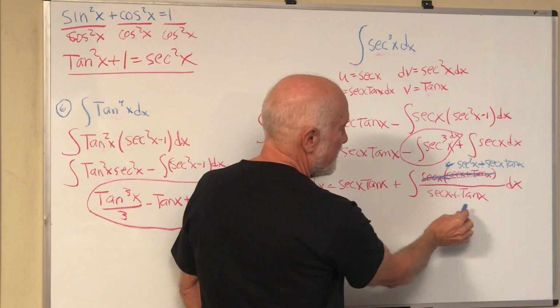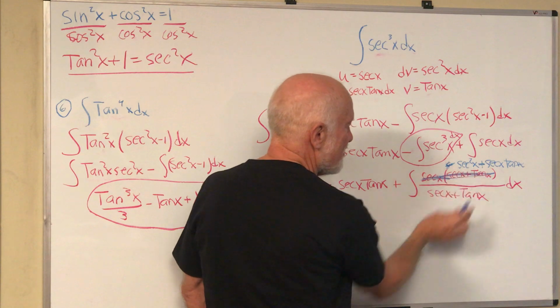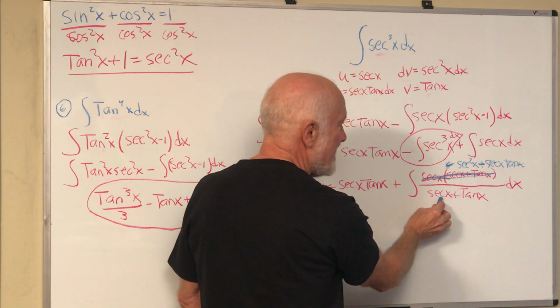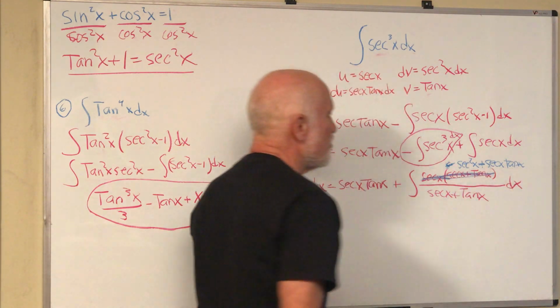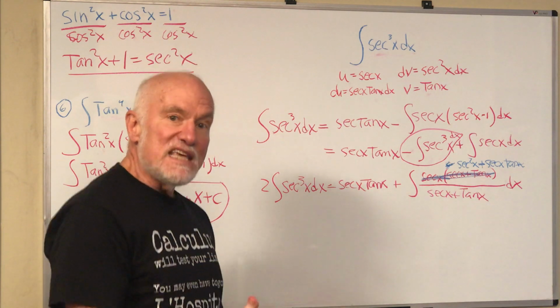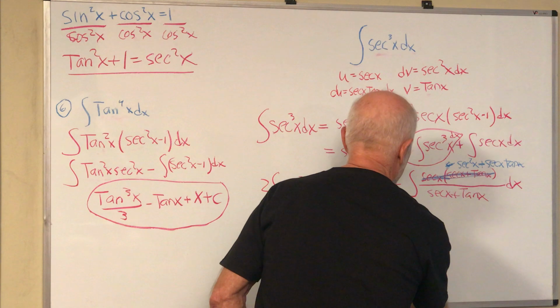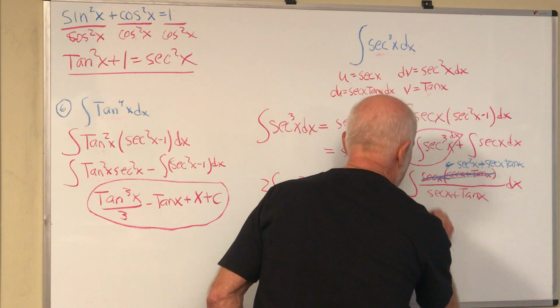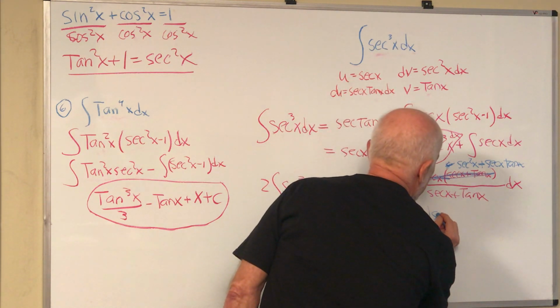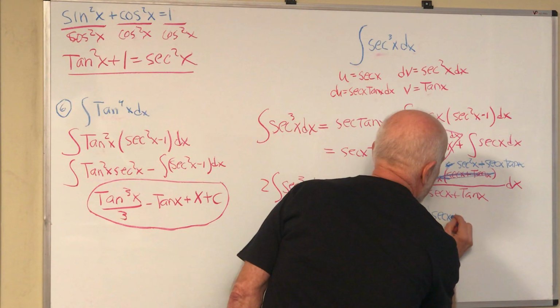The derivative of tangent is secant squared, and the derivative of secant is secant tangent. So it's exactly in the form of du over u. So this is just the natural log of the absolute value of secant of x plus tangent of x.